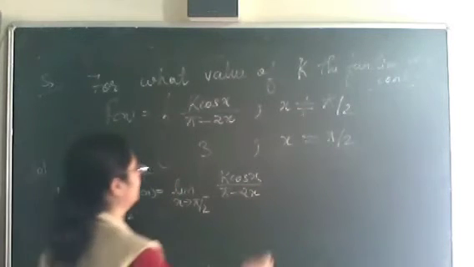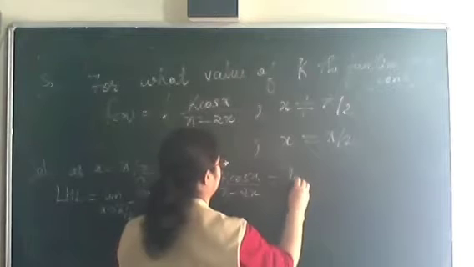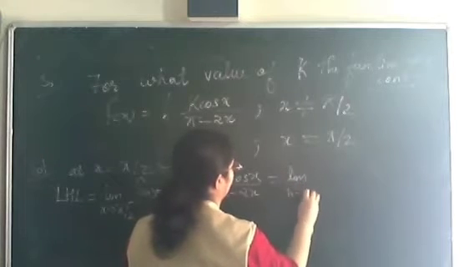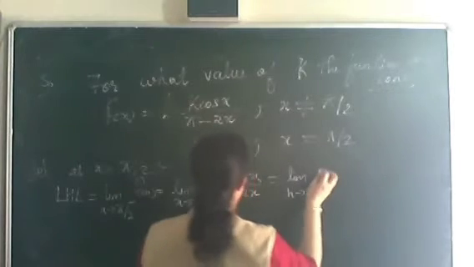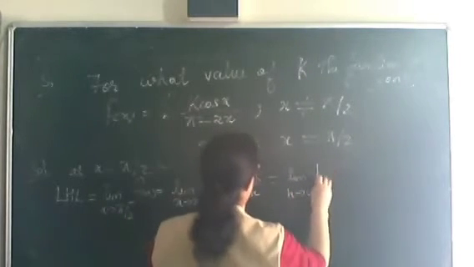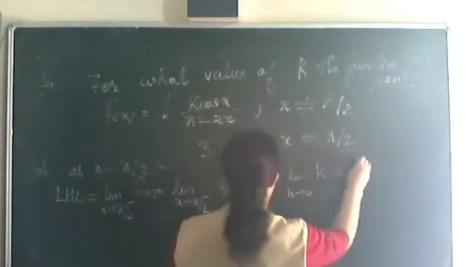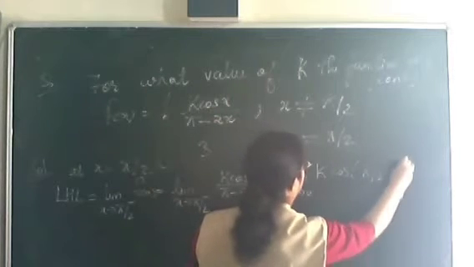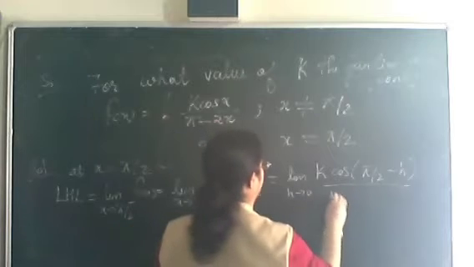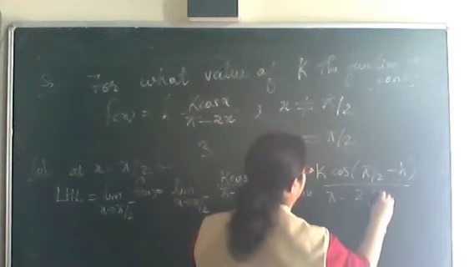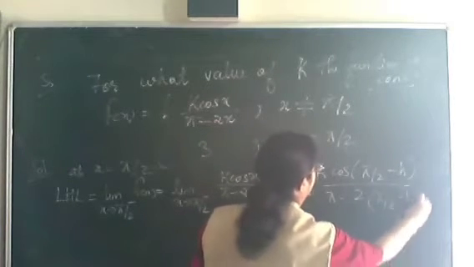Clear? Now again we'll put x as pi by 2 minus h, and change the limit to h tending to 0. So k times cos of (pi by 2 minus h) divided by pi minus 2 times (pi by 2 minus h). Is this clear?